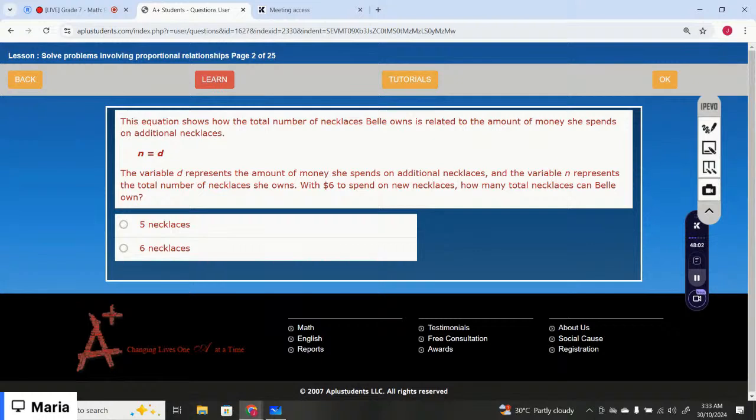You are given n equals d, right? You are given d equals 6.